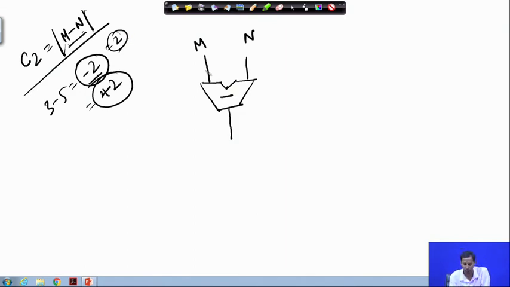So, here what I am doing, m minus n, and then I have another particular circuit, which is an add or subtractor circuit. Add or subtract means it needs one control signal. So, this control signal will come from this particular point.